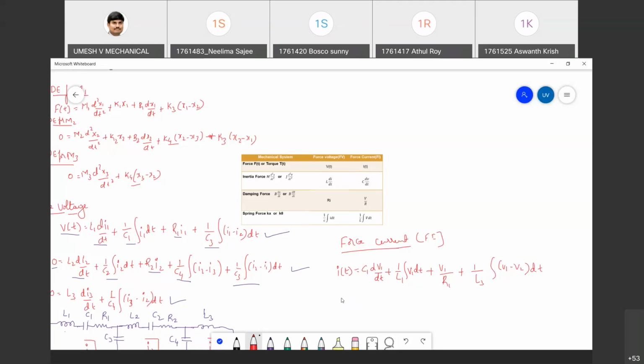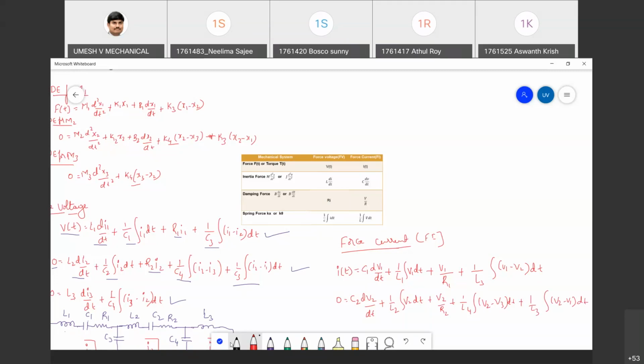Come to the second equation. M2 means C2 dV2 by dt, plus K2 means 1 by L2 integral of V2 dt, plus V2 by R2, plus 1 by L4 integral of V2 minus V3 dt, plus 1 by L3 integral of V2 minus V1 dt.